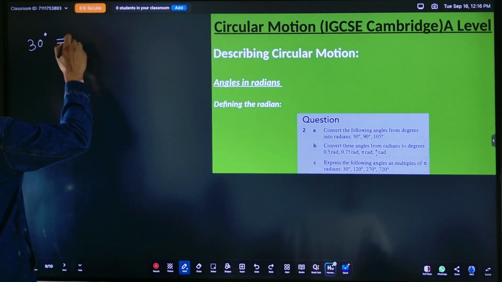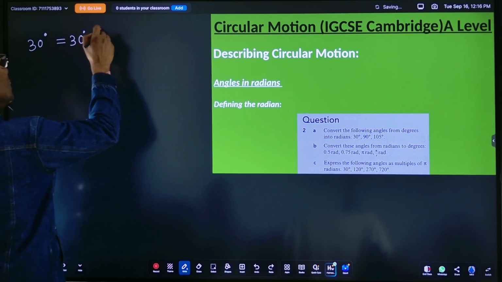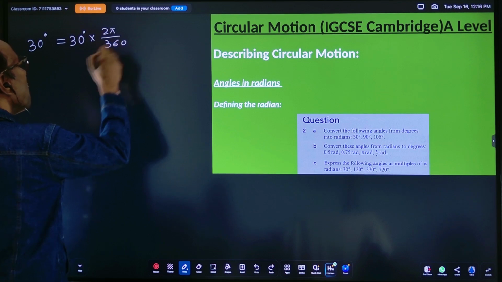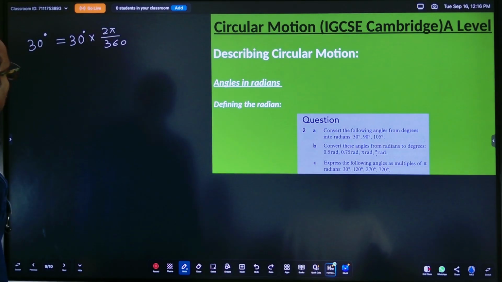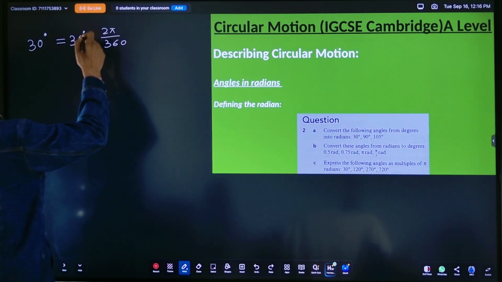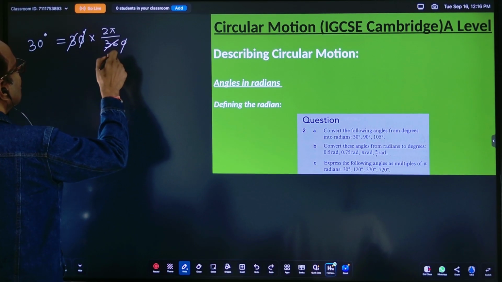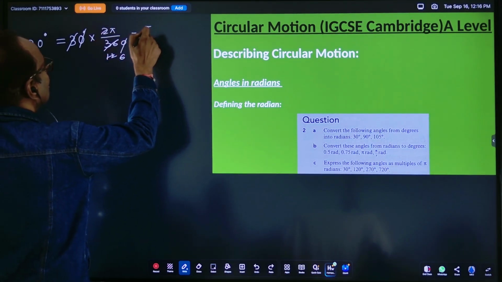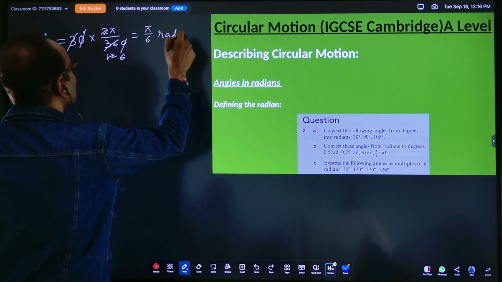What will you do? Simply multiply by this 2 pi by 360 factor. Pi by 6 radians.